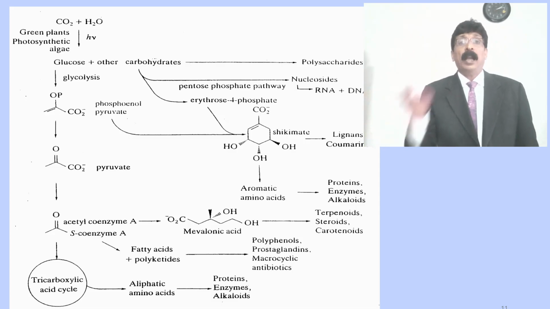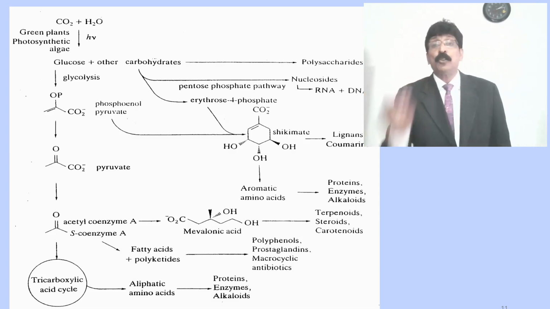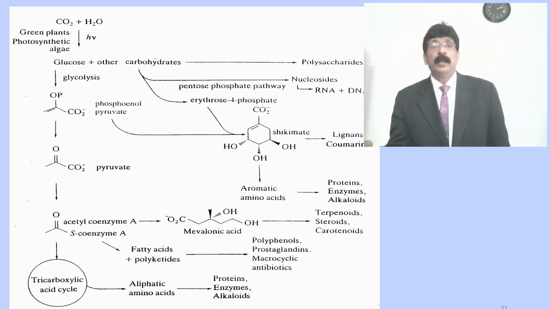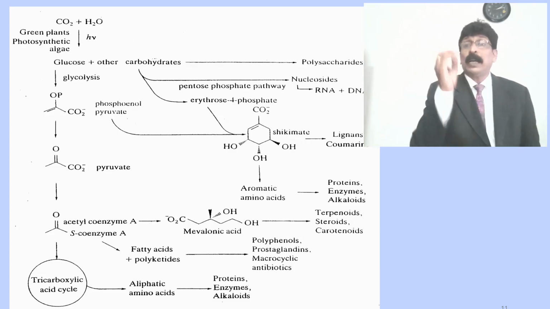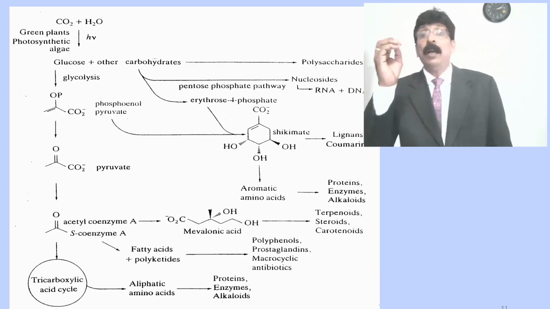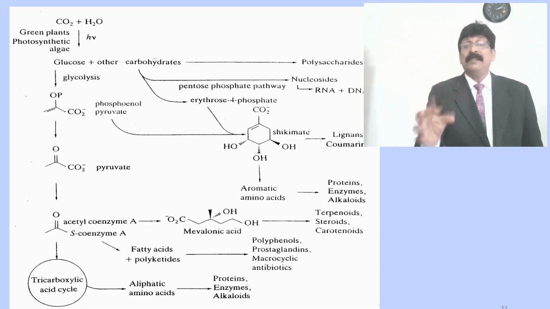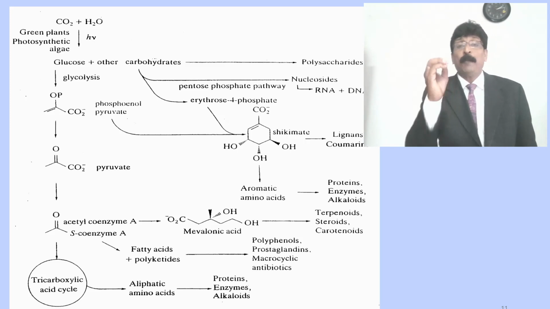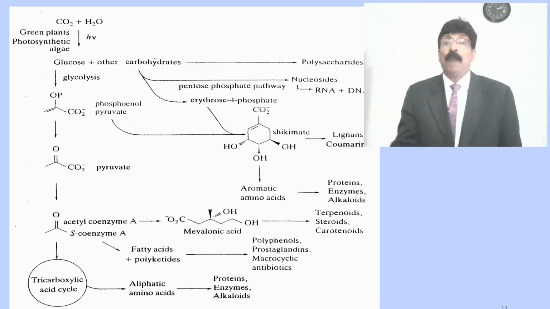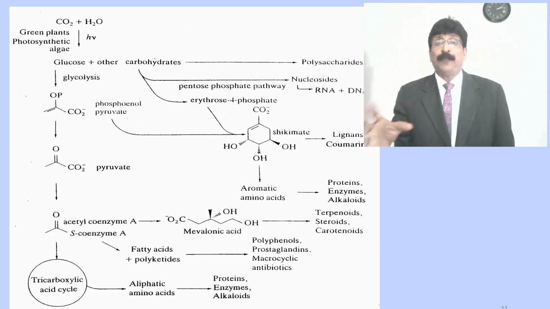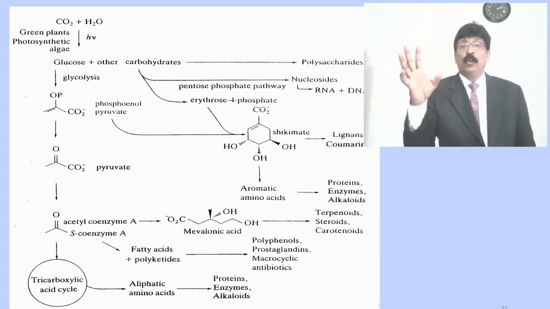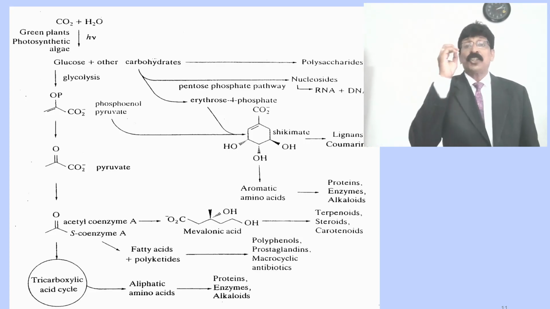Also this carbohydrate can give rise to erythrose 4-phosphate. And the glucose molecule can undergo glycolysis and give 2 molecules of pyruvic acid, which can be converted into phosphoenol pyruvate. One molecule of phosphoenol pyruvate and one molecule of erythrose 4-phosphate combine to give the 7-carbon structure which is called shikimate.